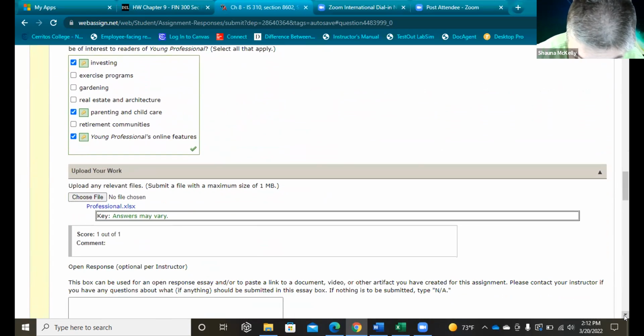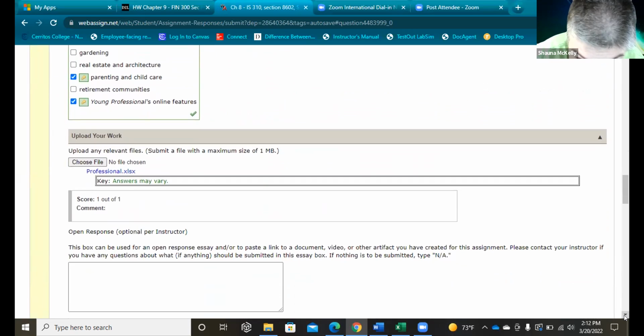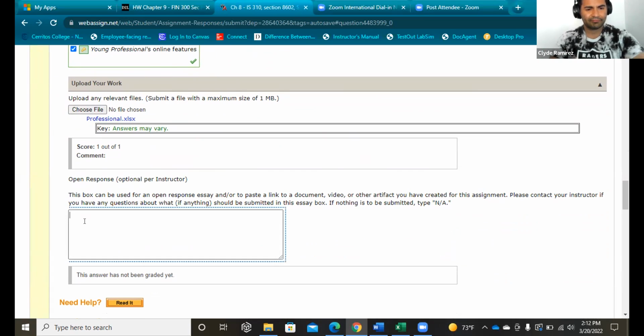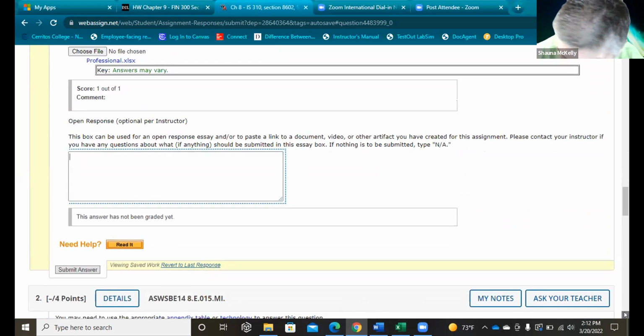Upload your data. Score 1 out of 1. Okay, now here you have to do this answer. See, this answer has not been graded. And then down below, is there another box? No.